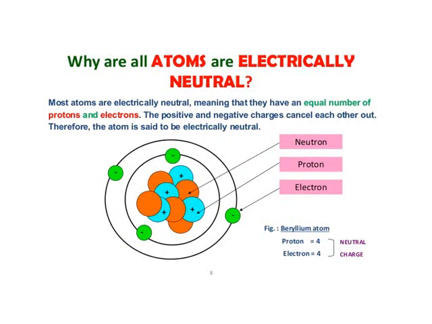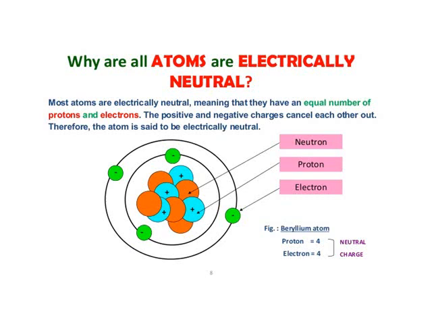Children, this slide explains why an atom is electrically neutral. So why is the atom neutral? As we have discussed previously, most atoms are electrically neutral, meaning that they have an equal number of protons and electrons. The positive and negative charges cancel each other out.